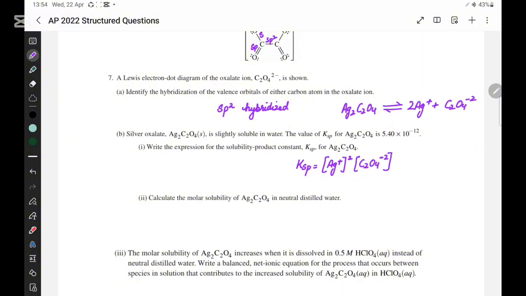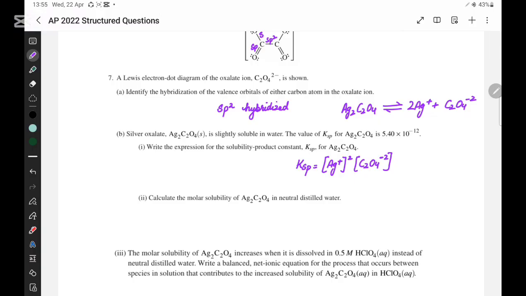Calculate the molar solubility of Ag2C2O4 in neutral distilled water. So we have to calculate the molar solubility. How can we do that?